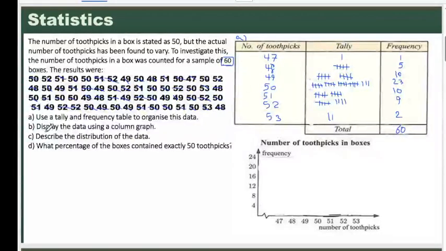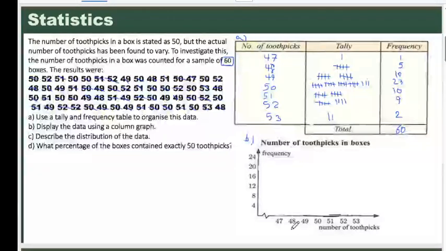Now I am going to part B, display the data using a column graph. For part B, I draw a graph. For the vertical axis I put frequency. For the horizontal axis I put the number of toothpicks.